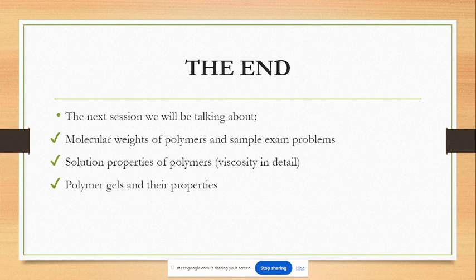And then we are also going to look at the solution properties of polymers. In other words, the viscosity in detail of polymers in liquid form. This is where we're also going to look at polymer gels, type 1 gels, type 2 gels, and their properties.